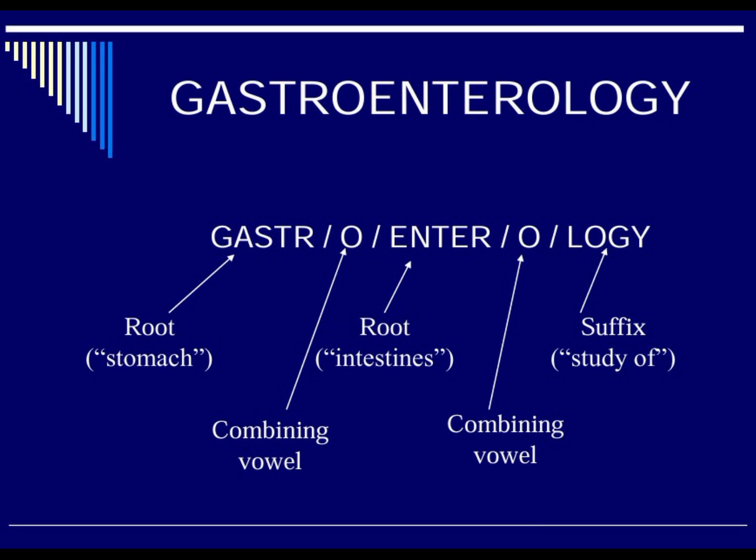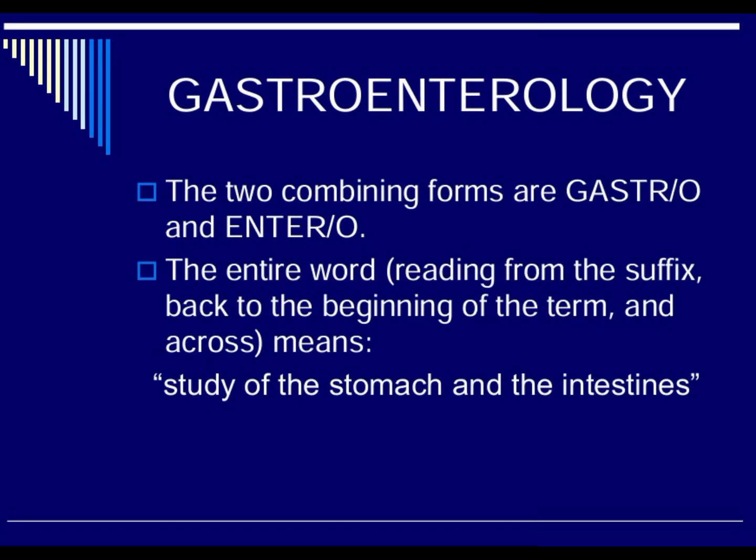Another example, gastroenterology. Gastr root means stomach, O combining vowel. Enter root means intestine, O combining vowel. Logy, study of. Gastroenterology. The two combining forms are gastro and entero. The entire word, reading from the suffix back to the beginning of the term and across, means the study of the stomach and the intestines.